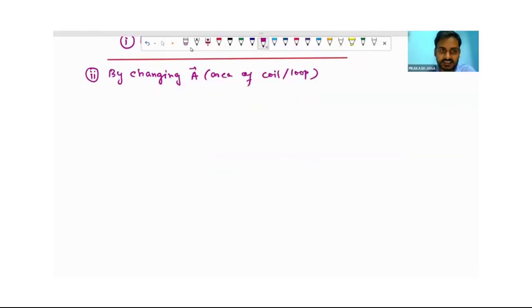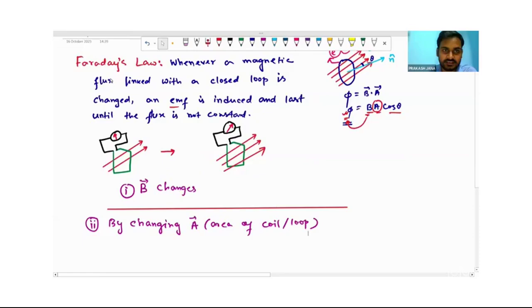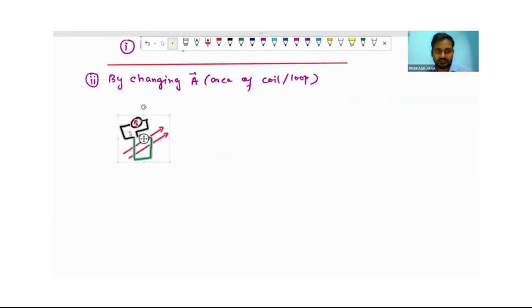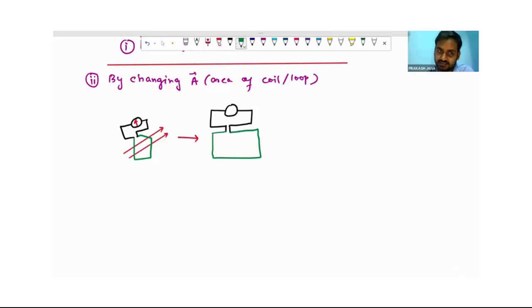Suppose initially this is the case, that two lines of force are associated with a loop, and a galvanometer is connected with the loop, and there is no deflection. Now we will change the cross-sectional area. We keep the same galvanometer, but we increase the cross-sectional area of the coil.